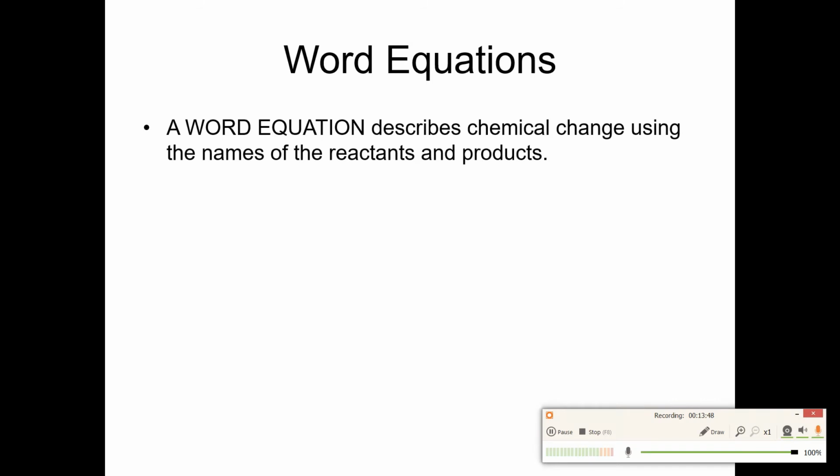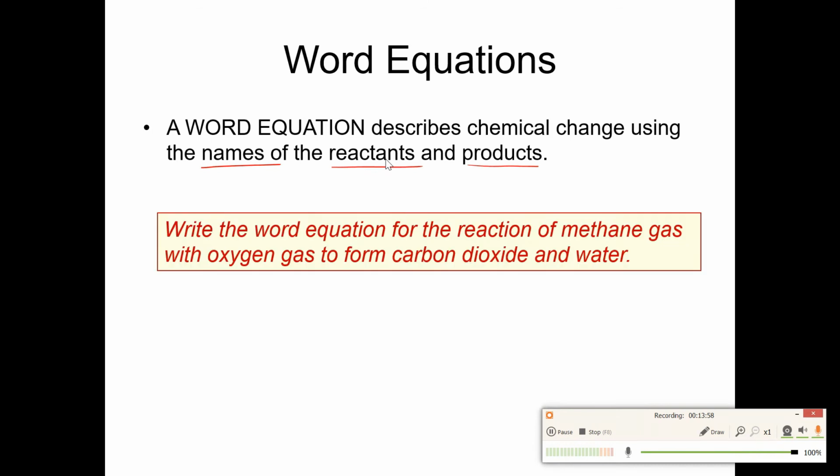In the beginning, word equations are the simplest way to represent any chemical change, in which the names of the reactants and products are used. Just like if we say that methane reacts with oxygen. Methane is a chemical whose formula is CH4, but writing methane is a kind of word equation, and when methane and oxygen react, they give carbon dioxide and water.